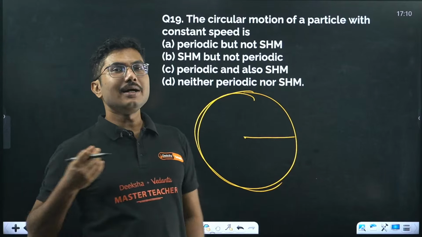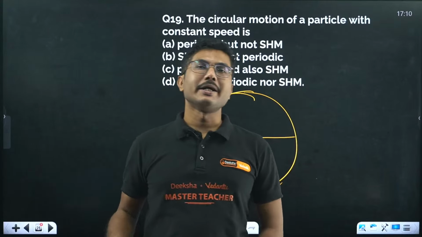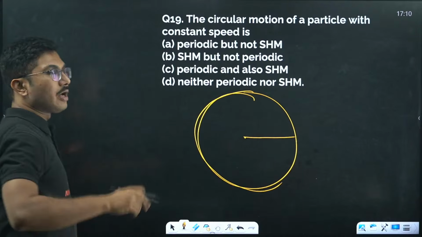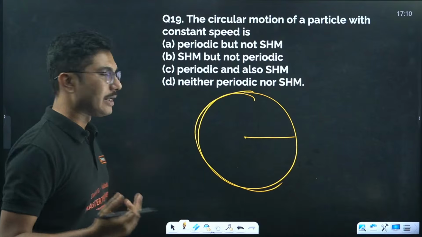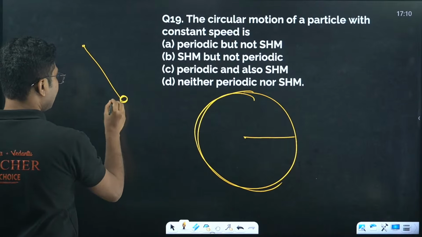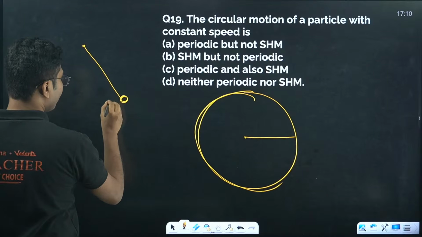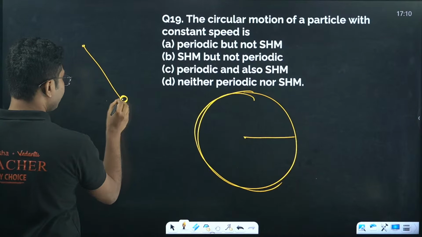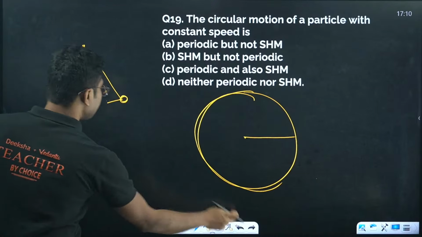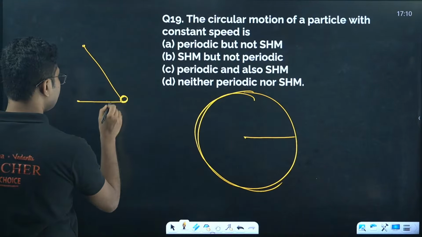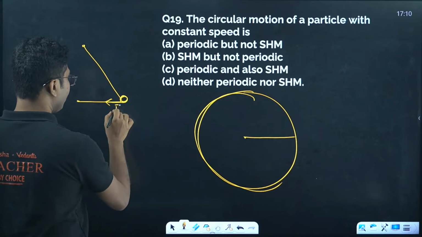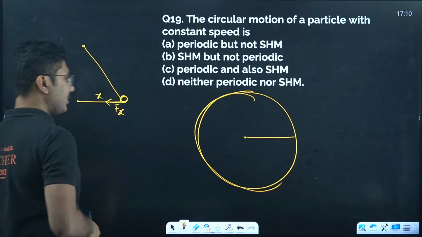But is it a simple harmonic motion? What is the condition of simple harmonic motion? For example, a pendulum oscillating is a simple harmonic motion. Simple harmonic motion means wherever the object is, there is a restoring force which acts in the opposite direction of the displacement. Suppose this is the mean position, so displacement is this, and there is an opposite restoring force acting opposite to the displacement.